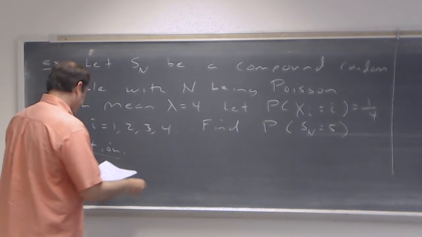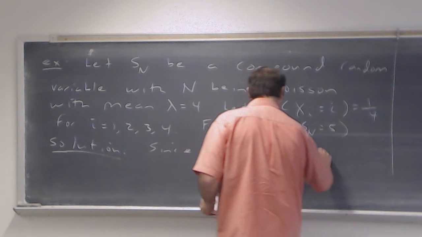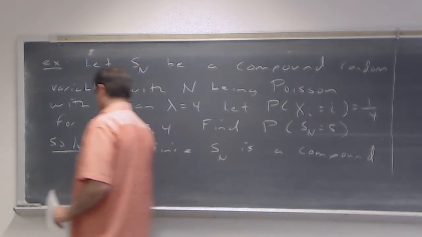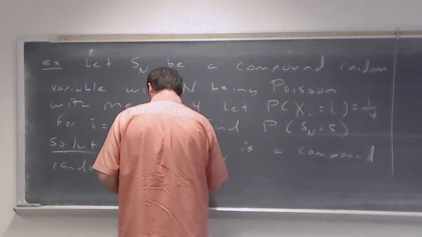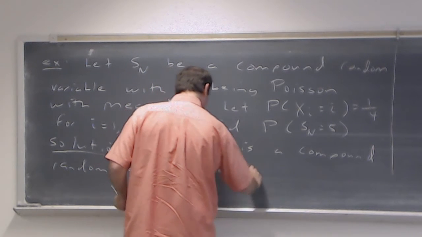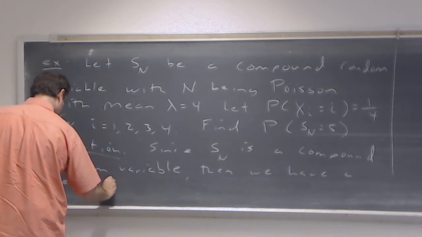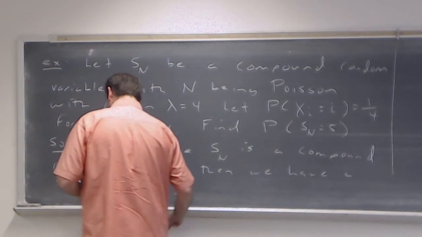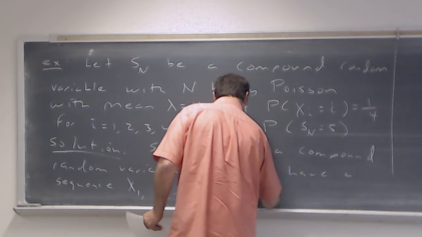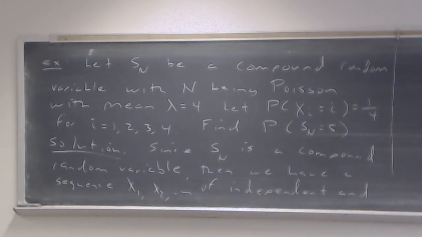Okay, so here's what we notice. Since S of N is a compound random variable, then we have a sequence X of 1, X of 2, and so on, of independent and identically distributed random variables.